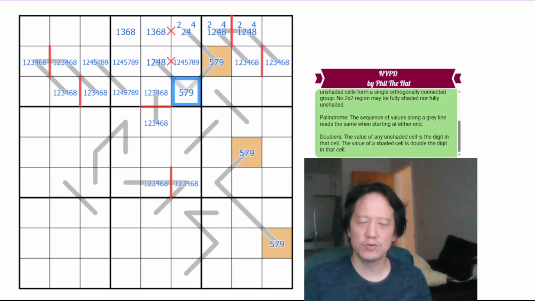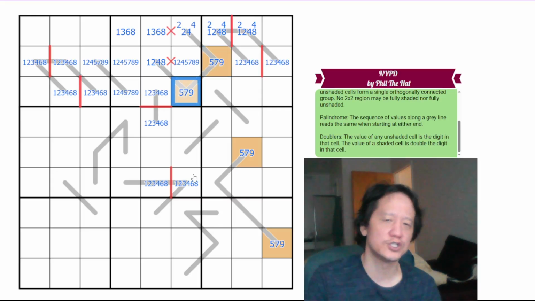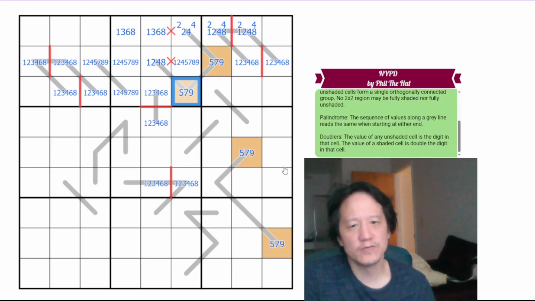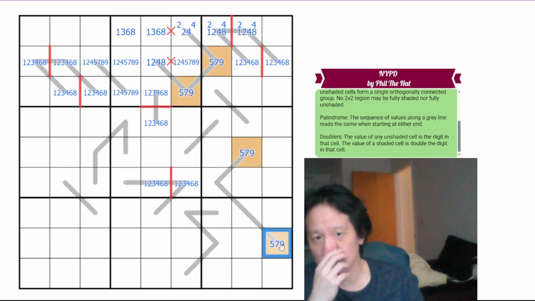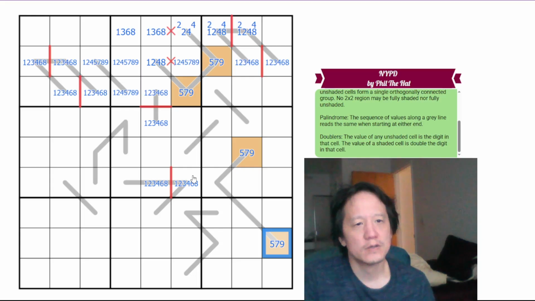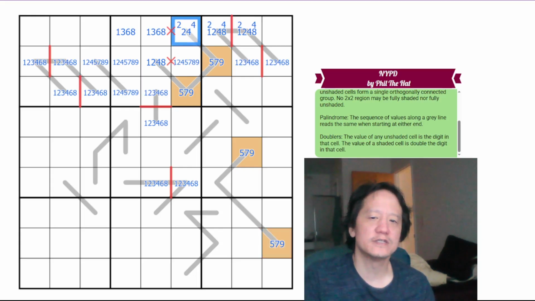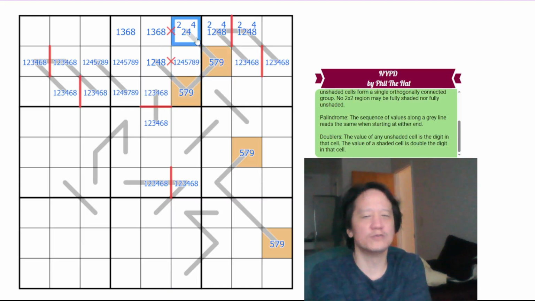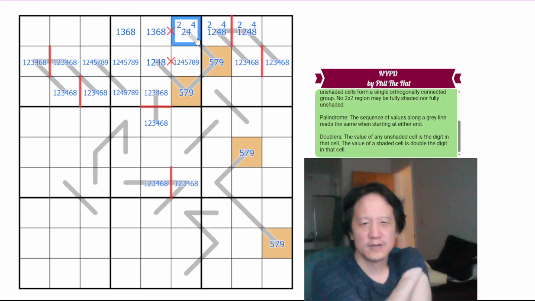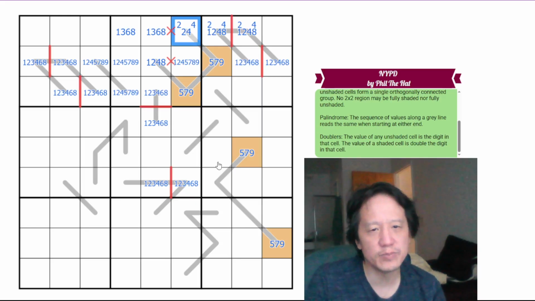But the question is, what about the shading? Obviously, these shadings would have to be the same. But we're not guaranteed that this has to be the same shading as this. That's the problem, and I didn't really want to go down this path. Well, okay. Where can 579 be here? Oh, that's interesting. Well, it can't be here. Can't be here, can't be here.